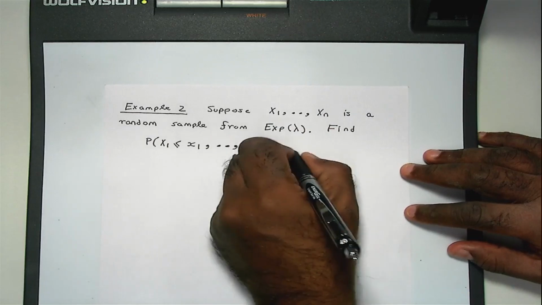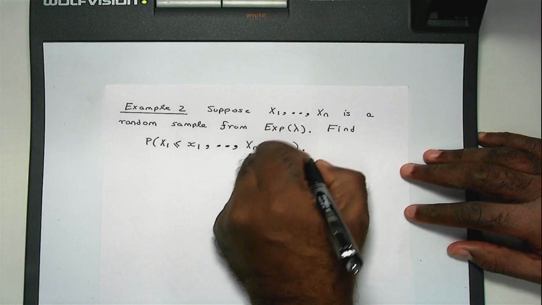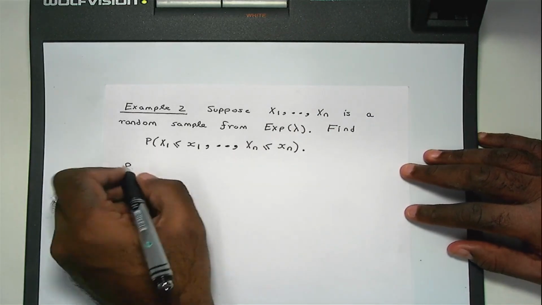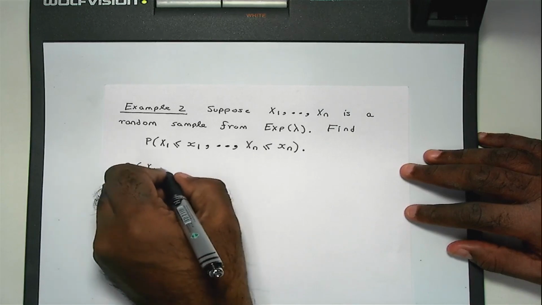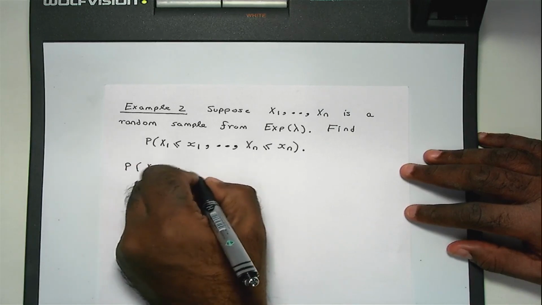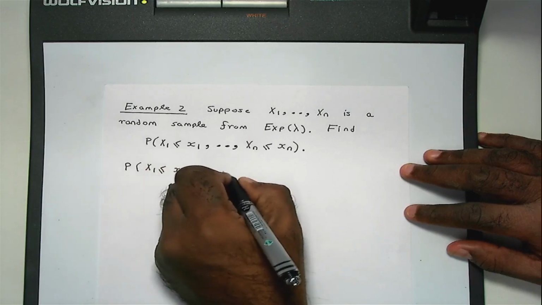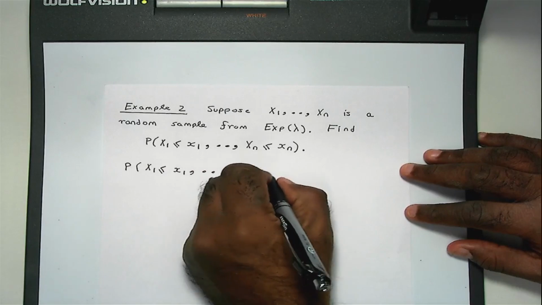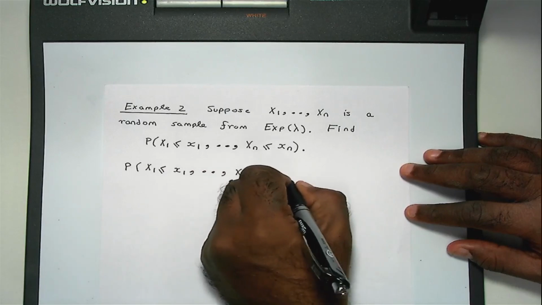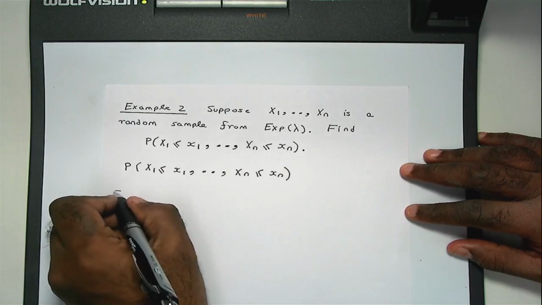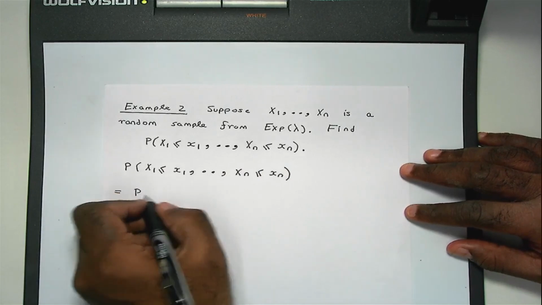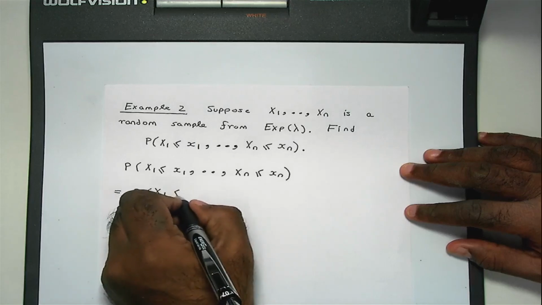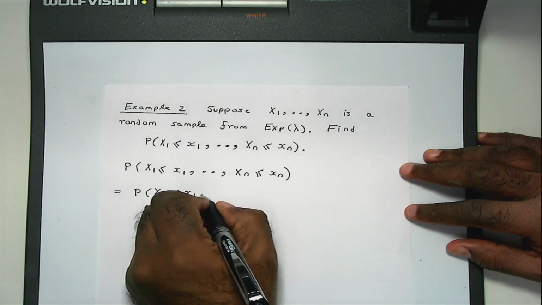The first thing I'm going to do is use the fact that these variables are independent of each other, and using that fact, you can write this as the following.